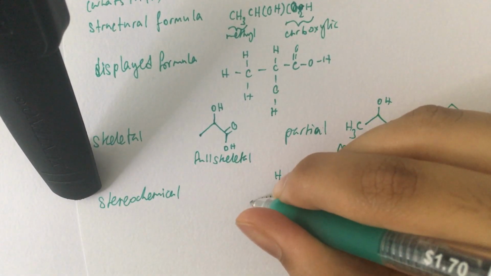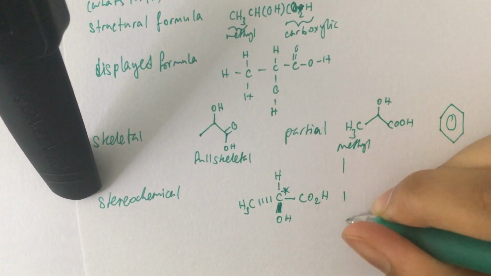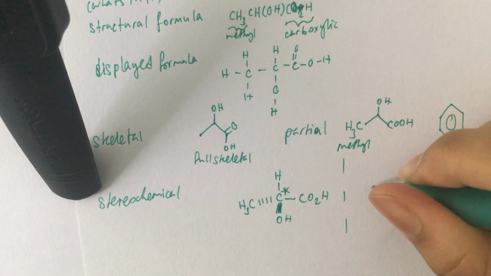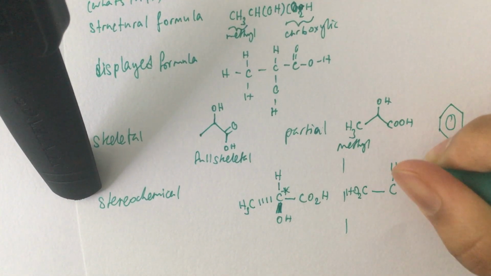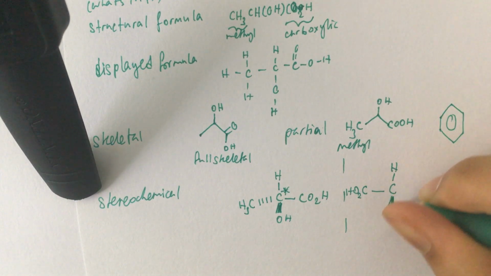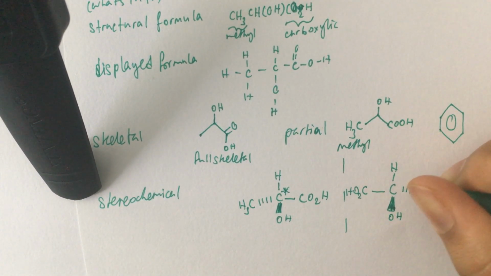And this is useful mostly for showing optical isomers and stuff like that. So chiral carbons and things like that. You can use this to show that, okay, these two are the stereoisomers. And yeah, that's all the different kinds of formulas.